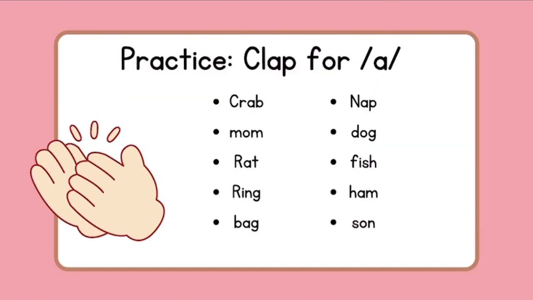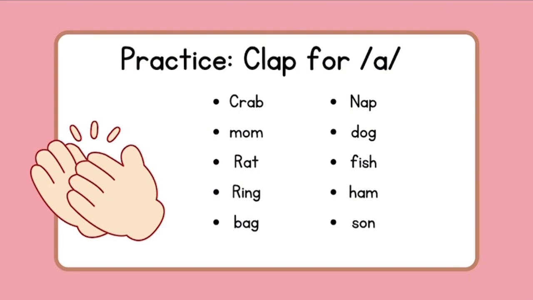Next, we're going to move on to the practice, and the activity is called clap for A. We're going to clap if they can find the short sound of the vowel A in the words. So, for example, if the word contains the short sound of the vowel A, they're going to clap.